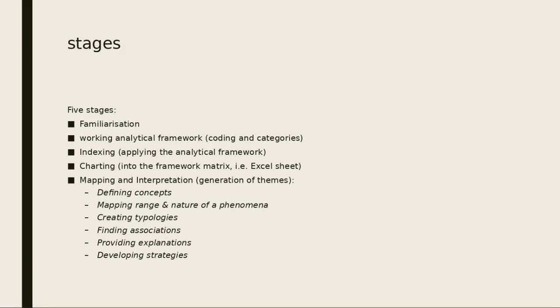It's up to you how you organize that. The important thing is this visual approach to the data. This is why it's all contained in this Excel sheet. The idea is to be able finally to get into that step of mapping and interpretation, which is where the generation of themes in fact will occur.